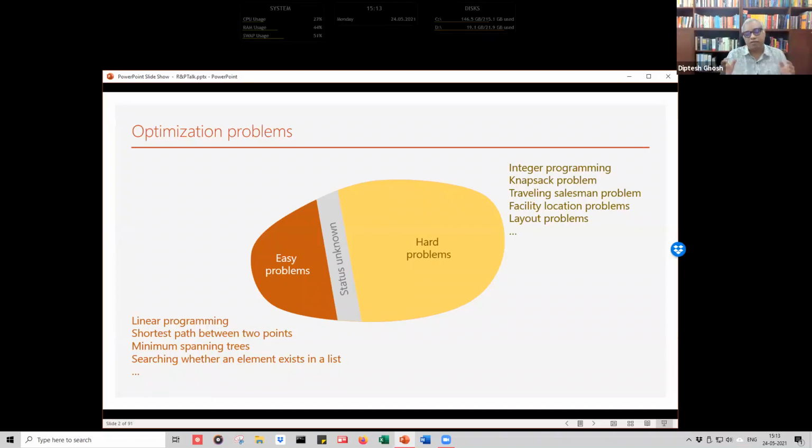So every time they have a truck or a van with which they decide to supply various locations, they have to find out the shortest route by which they can supply all these locations and come back to the original point. So this problem is called a traveling salesman problem.